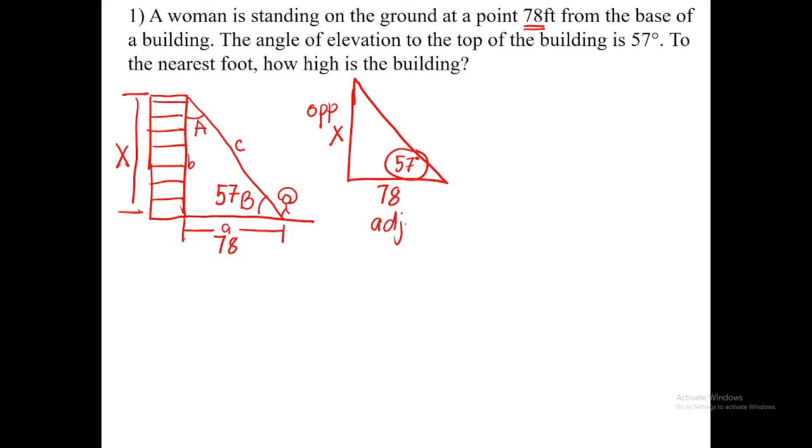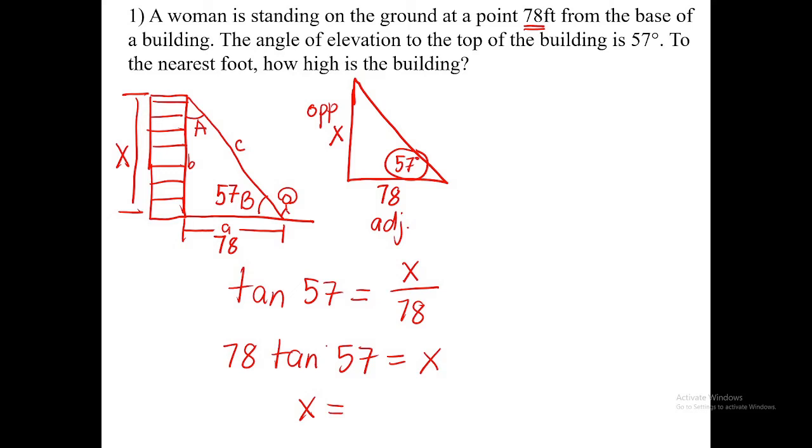Adjacent. So what function are you going to use? Tangent. So tangent 57 is equal to opposite X over adjacent 78. Multiplying both sides by 78, you will get X equals 78 tangent 57. And what is 78 times tangent 57?